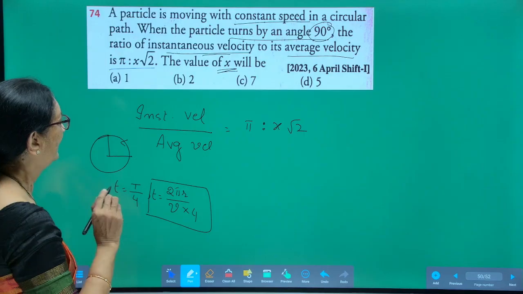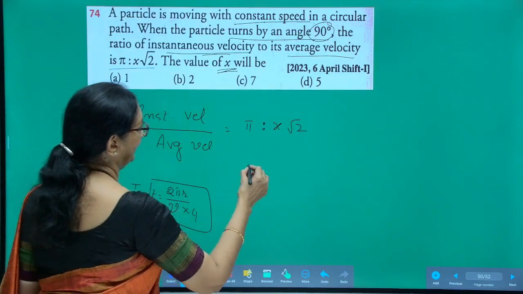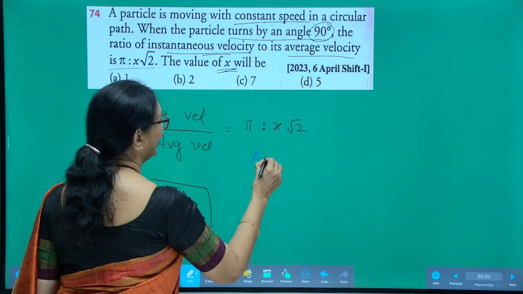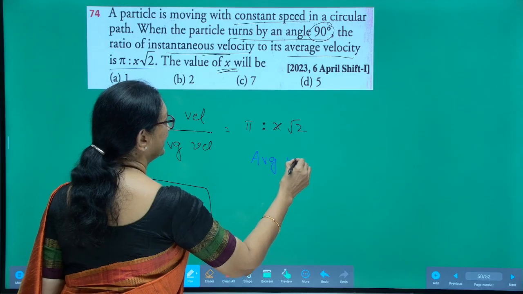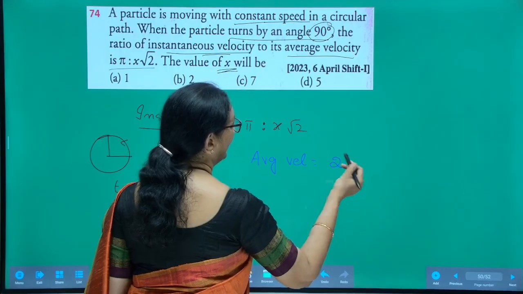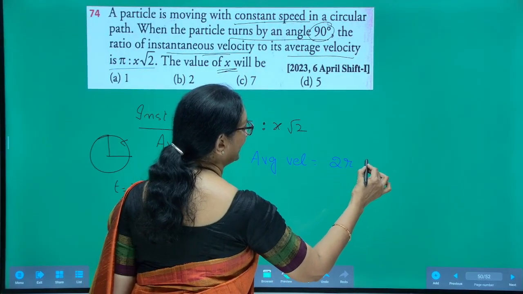Is it okay? Now look here very carefully. I am finding out the average velocity. Average velocity is equal to total distance by total time, or total displacement by total time.